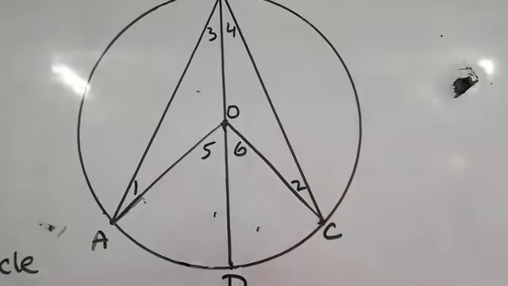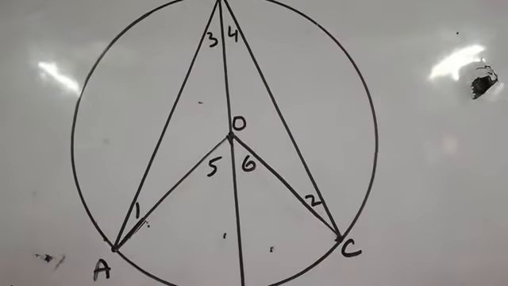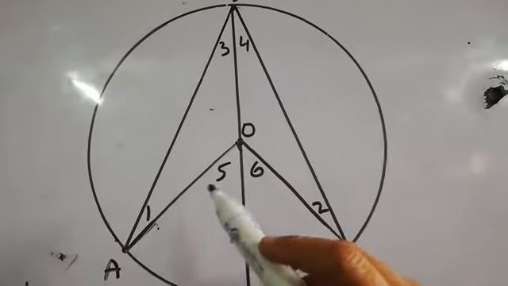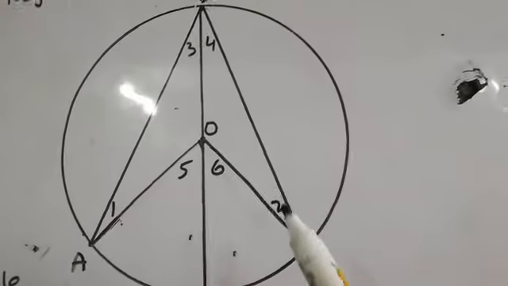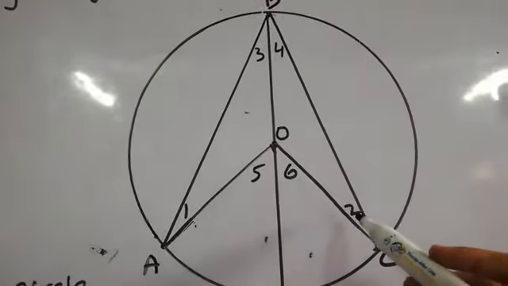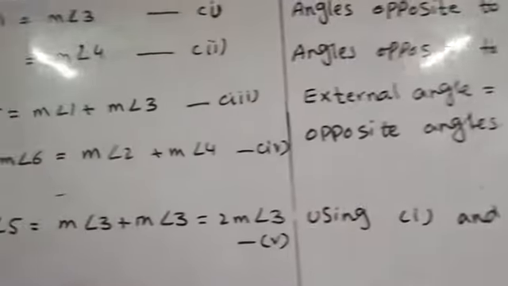Angle 1 and angle 3 are the opposite angles, so angle 5 equals the sum of angle 1 and angle 3. Similarly, angle 6 equals the sum of angle 2 and angle 4. We will write these two statements.